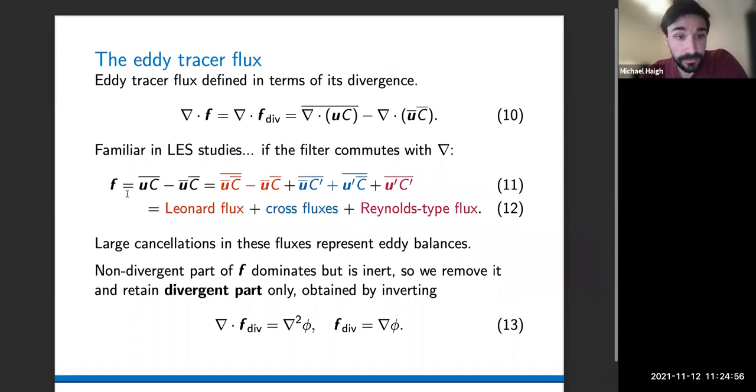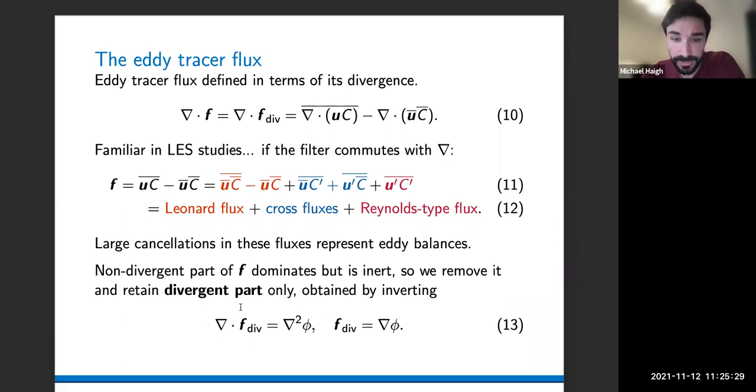Another property of this eddy tracer flux F is that it has a non-divergent part, which is inert. It doesn't affect the evolution of the tracer field, but dominates the divergent part by 2 orders of magnitude. So we want to remove this part because it has an obscuring effect on any kind of interpretation of the eddy tracer flux. And we remove it by, first of all, setting this potential psi, by setting its Laplacian to be equal to the divergence of the eddy tracer flux.